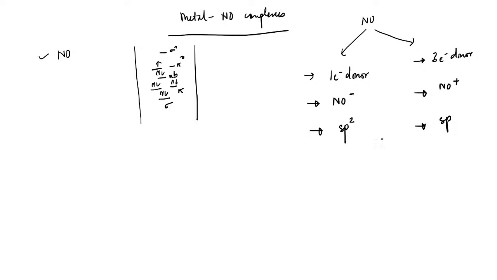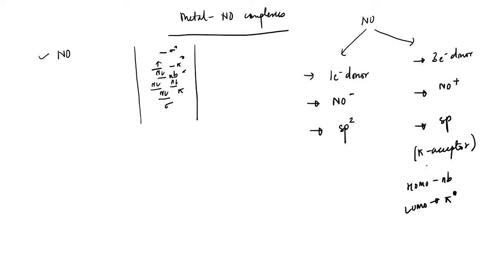Next, NO plus is a pi acceptor ligand. For NO plus, the HOMO is this non-bonding orbital, and the LUMO is pi star. This is the complete information for NO positive.